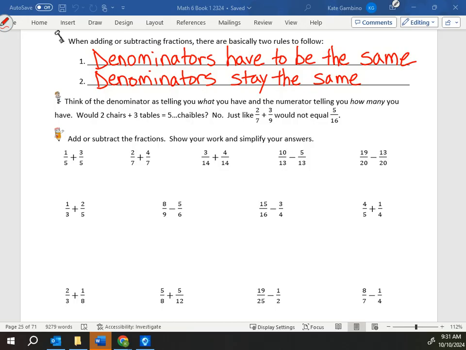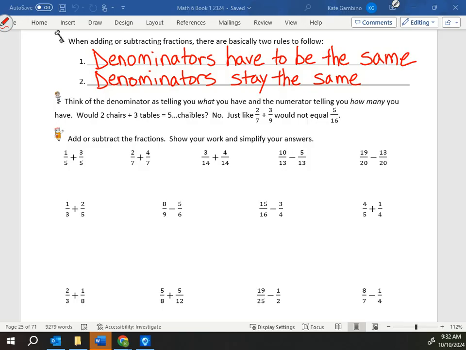So think of the denominator as telling you what you have, and the numerator telling you how many of it you have. So would 2 chairs and 3 tables equal 5 tables? No, because there's no such thing as a table. So we're not adding both the top and the bottom. We're not adding tables and chairs together.